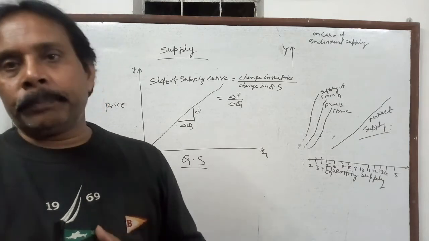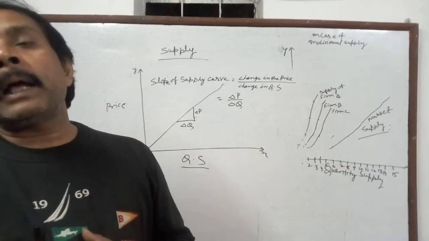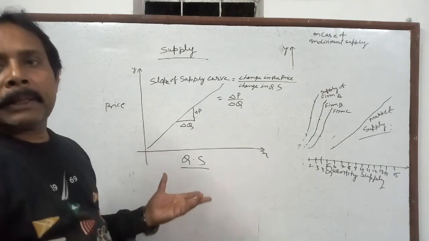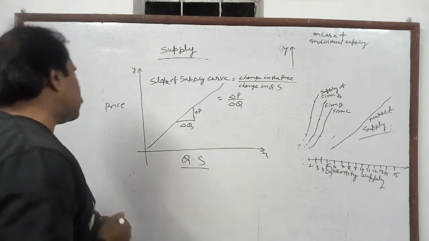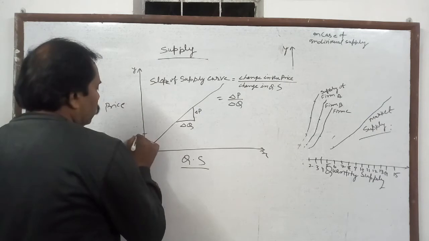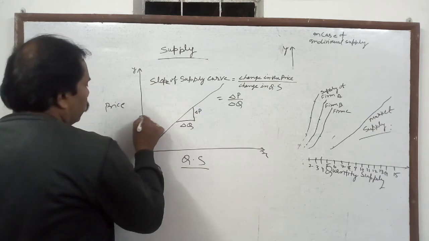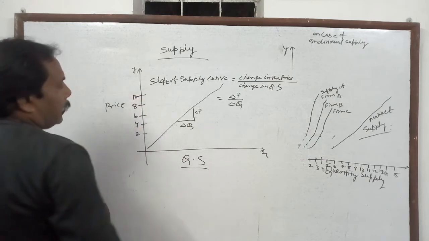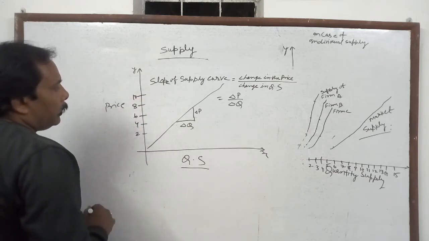So suppose in this diagram, you put the values of the price such as 2, 4, 6, 8, 10. Is it clear?